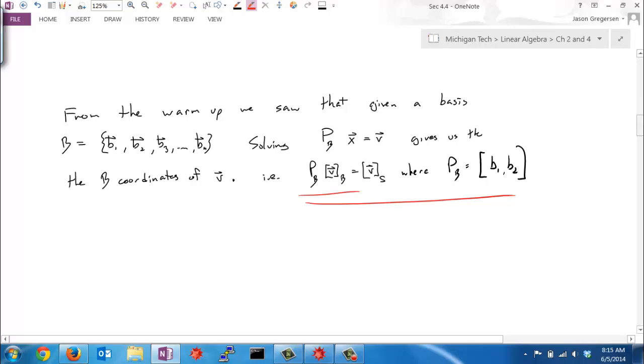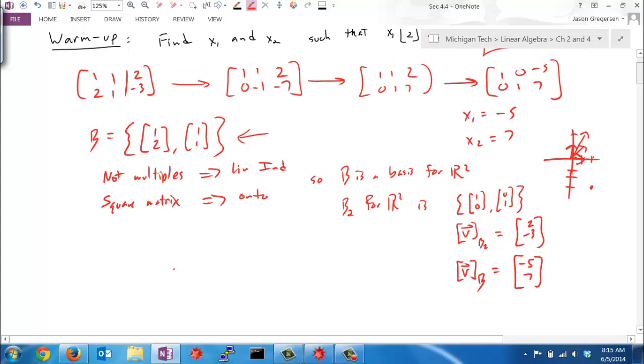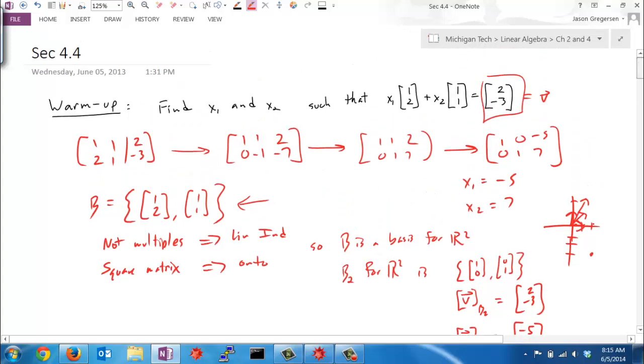But to kind of understand what that means, let's just zip back up to the warm-up here. And we went through this process, and we were all done. We found the x1 and x2 that made this thing true. But of course, this vector equation is the same thing as a matrix equation. It's the same thing as [1, 2; 1, 1] times our x vector equals (2, -3).